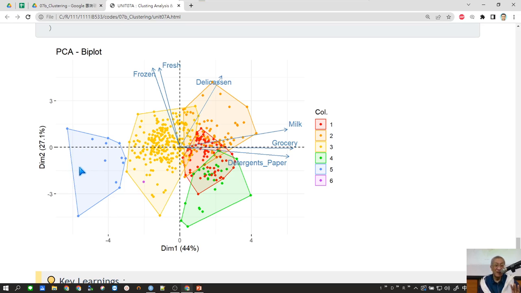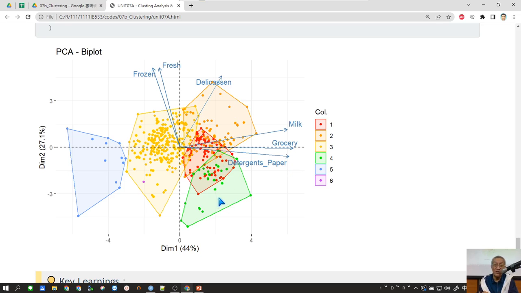And what is the characteristic of this group? The buying amount of milk, grocery, and detergent is very small, so they do not buy milk, grocery, and detergent. In this group, for these 3 categories of product, they buy a little bit more than the previous group. And these 3 groups are buying more milk, grocery, and detergent.